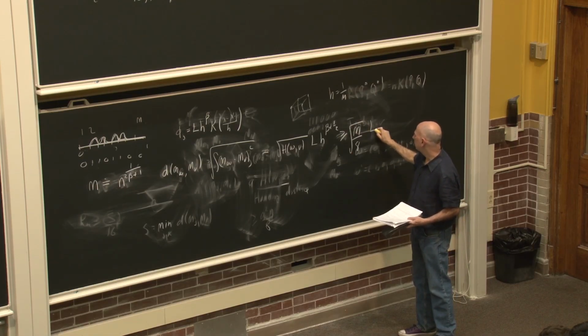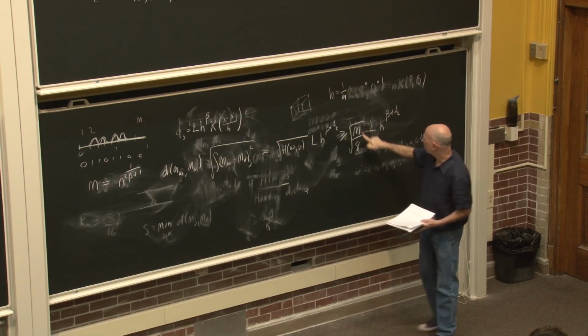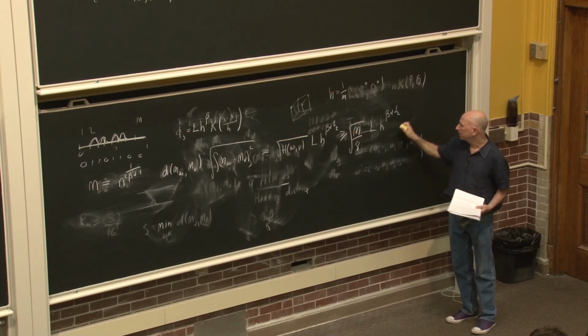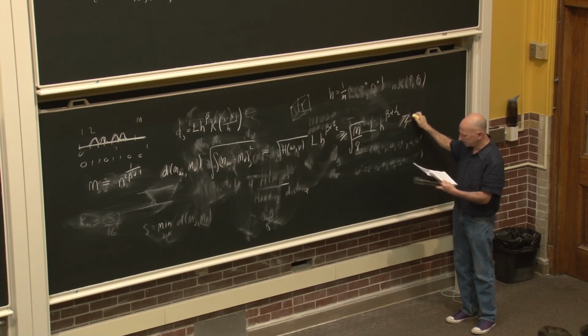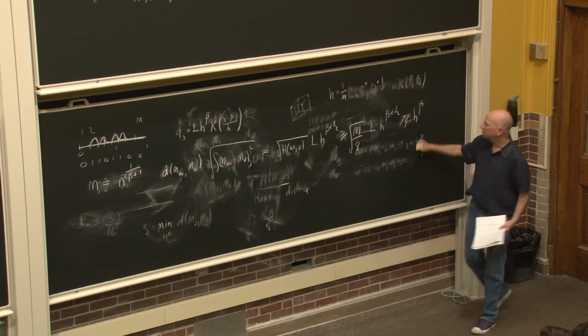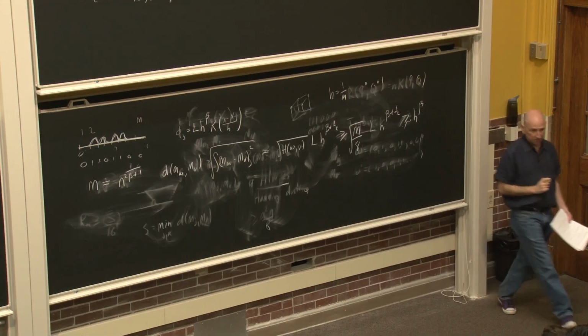And this is L, and this is h to the beta plus a half. But this is 1 over 8. M is 1 over h. So we get, at the end, some constant times h to the beta. Because this is 1 over h, and it's the square root, so it cancels out.